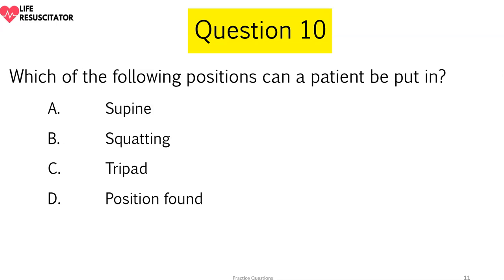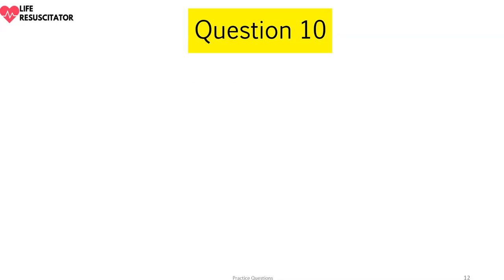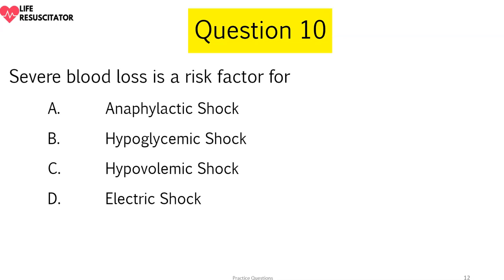So you see, positions, so there could be one or more correct answers here. Which of the following positions can a patient be put in? Supine, squatting, tripod, position found.